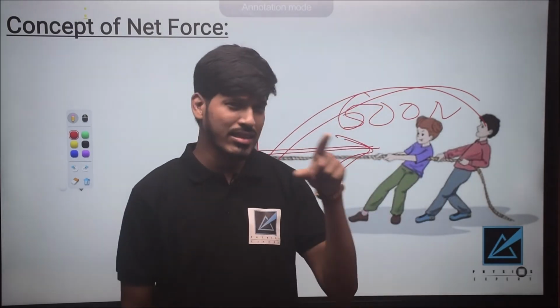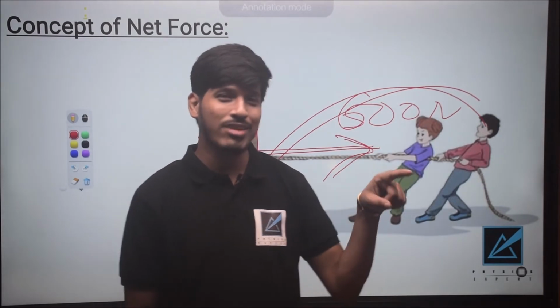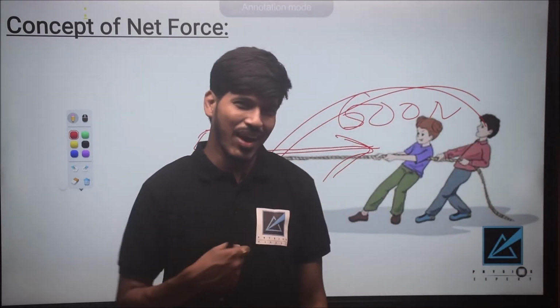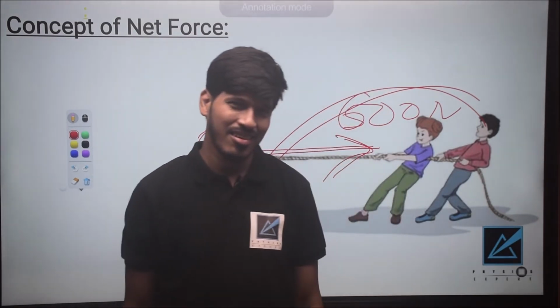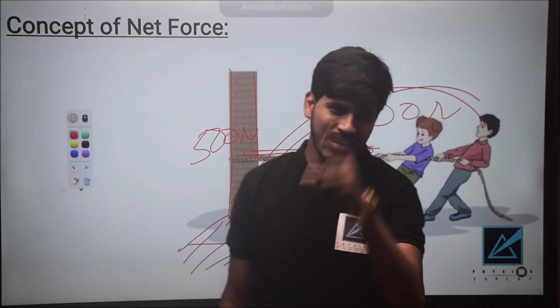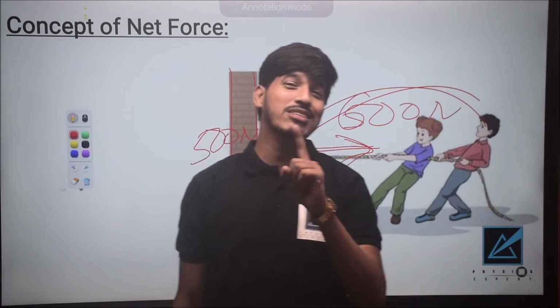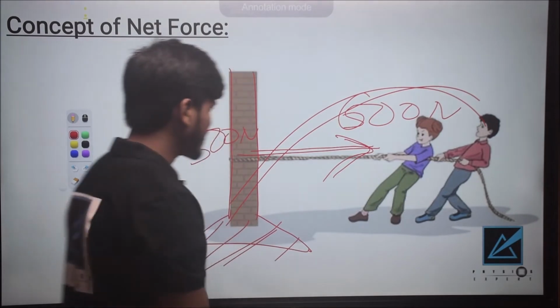Then what is the net force? On the value of net force depends whether the boat will move in forward direction or not. Even while I am working, while you are working, whether you will move in forward direction or not, it also depends upon the net force. So it is very important to understand what net force is.